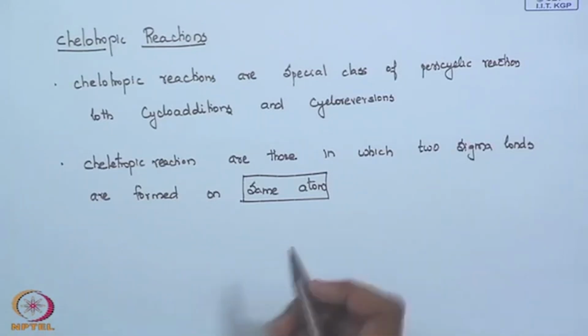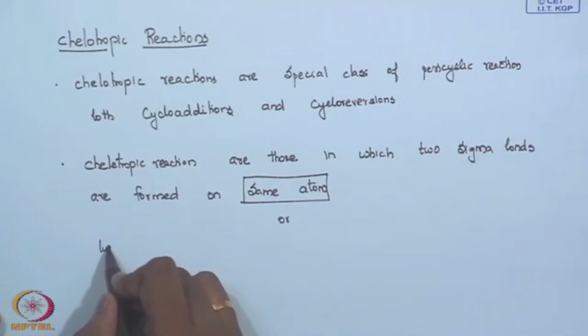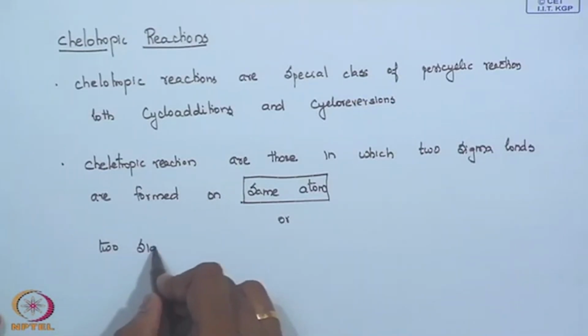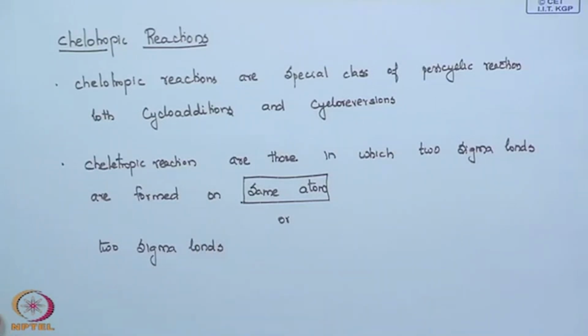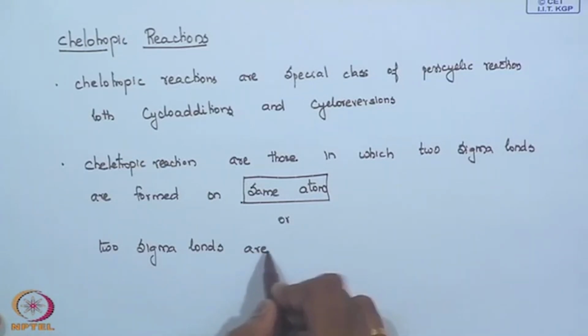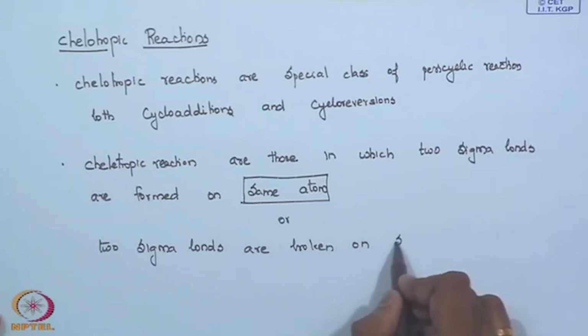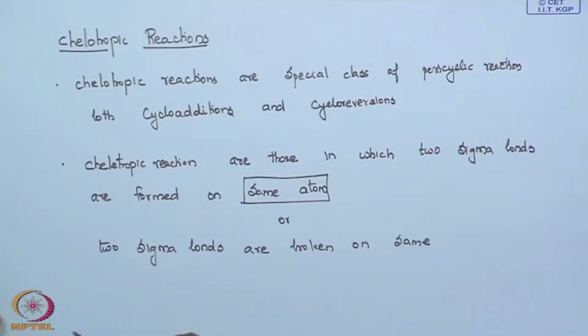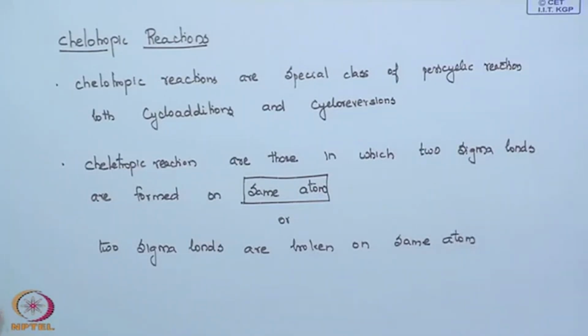Or you can also say that the reactions in which 2 sigma bonds are broken on the same atom. That's very important. So what is a cheletropic reaction by definition?